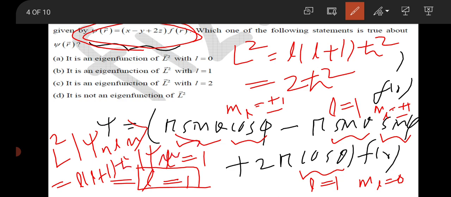That means if a state is an eigenfunction of L square, then it will have the eigenvalue of L into (L plus 1) h bar square. So since this wave function is giving us the eigenvalue of 2 h bar square for L equal to 1, this is the eigenfunction of L square for L equal to 1 with eigenvalue 2 h bar square.